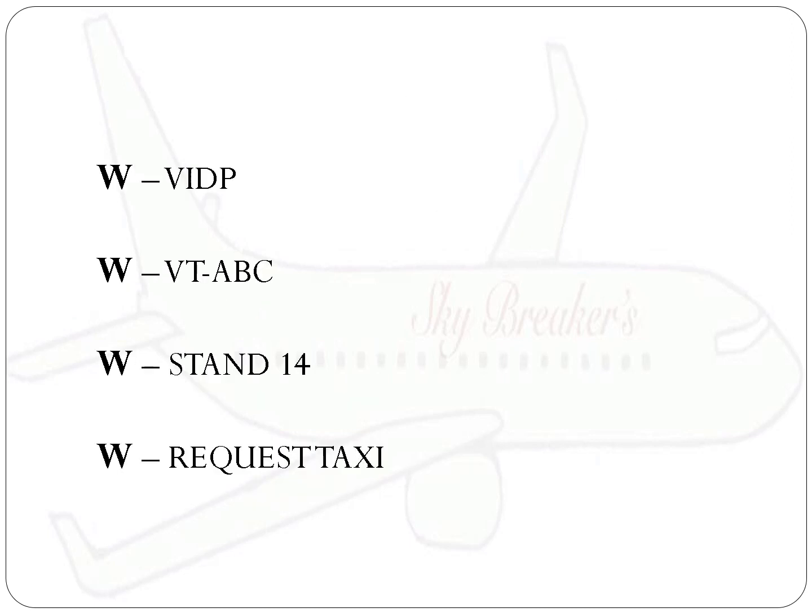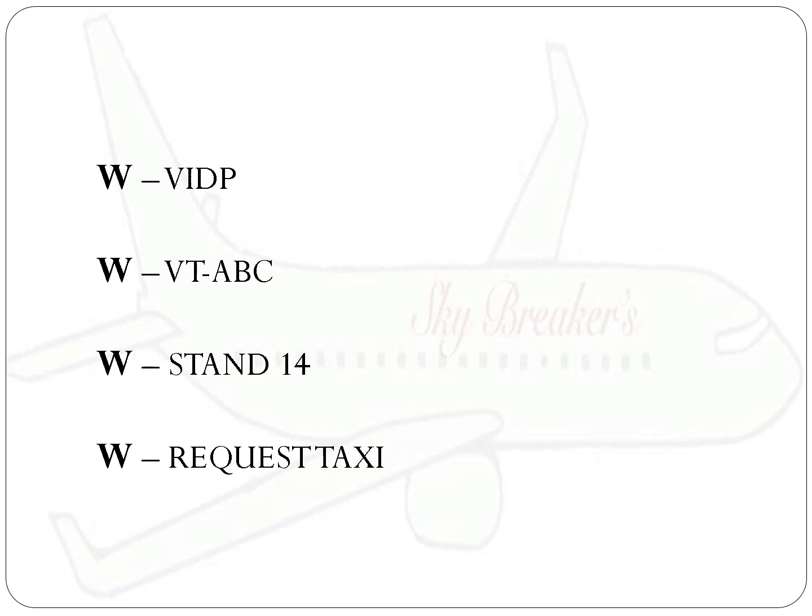Here you can see the first W: Delhi ground or tower or approach or control, anything, according to the position of your aircraft. And second W, your call sign, for example I have given here Victor Tango Alpha Bravo Charlie.